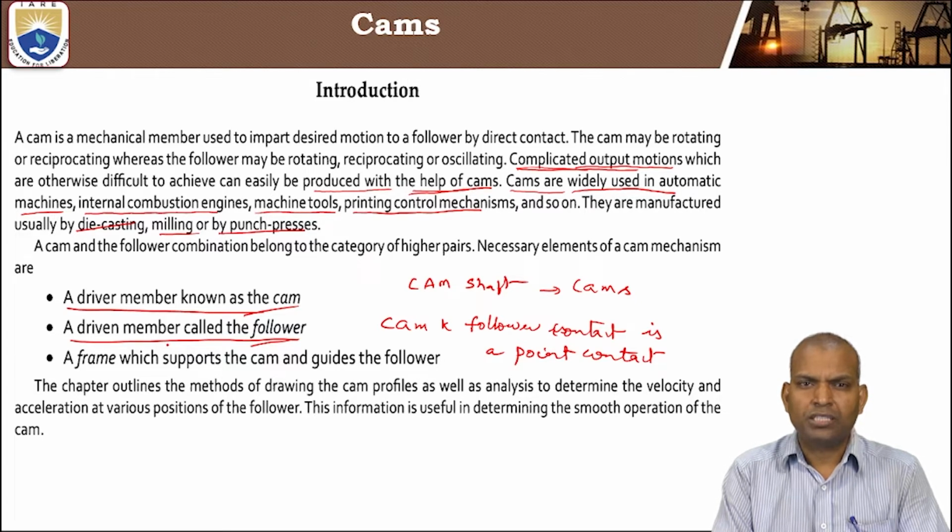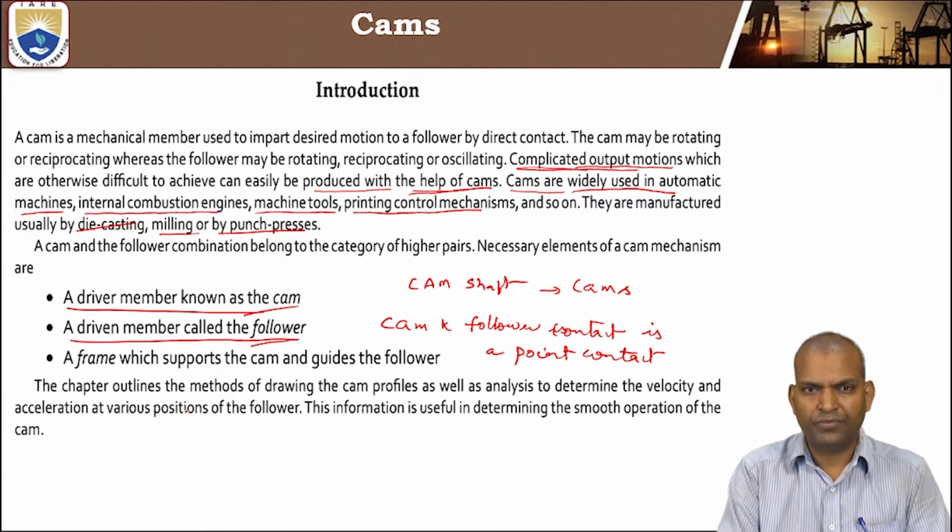Based on the driven member's motion, what is the design of the cam? That design comes under the category of synthesis of cams. So we'll study it very briefly in this module.